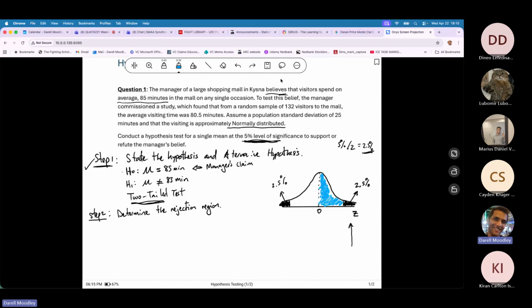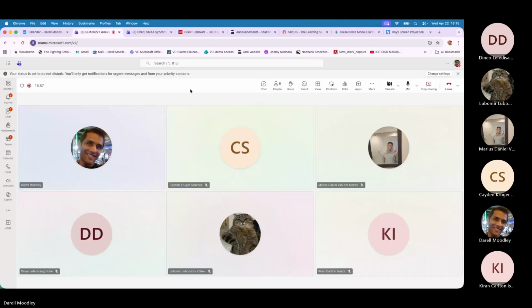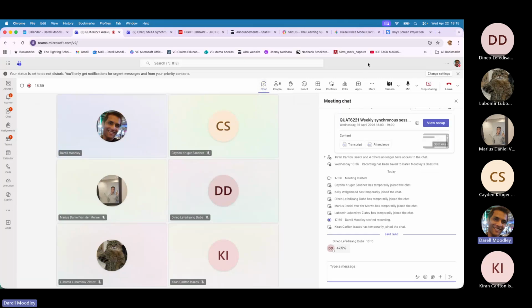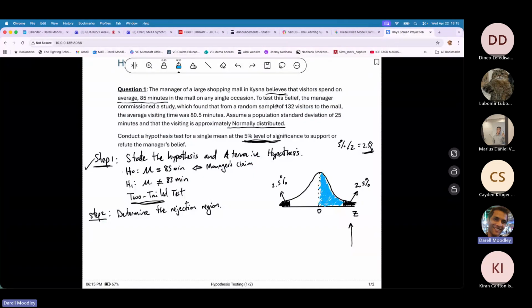This is key to completing step 2. If I shade that entire region from 0 to just before where the 2.5% starts, what do you think the size of the blue region is? Anyone? Let's check the chat. No takers? Nice, Taneo. Very good. That's right.